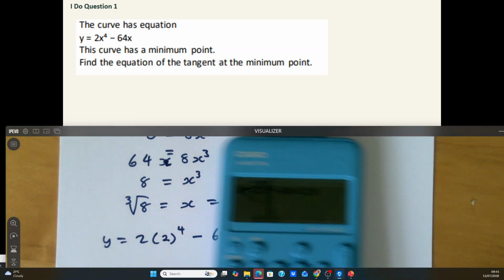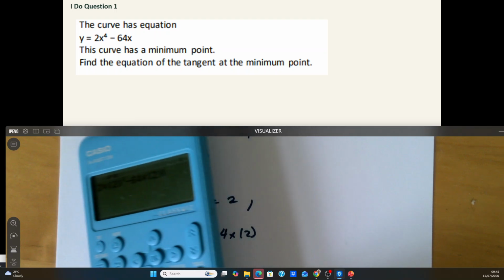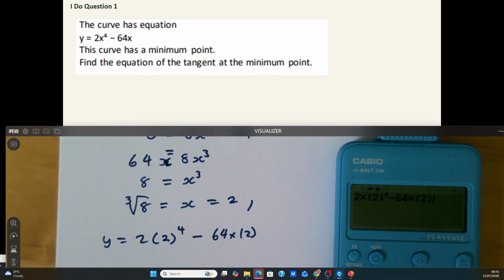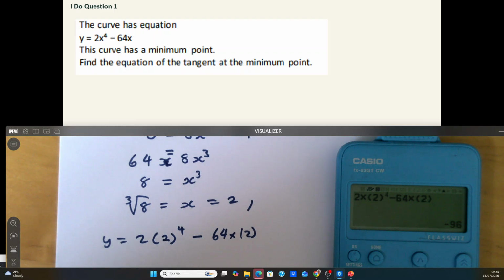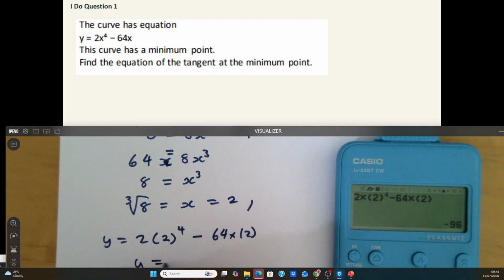Calculator looks like that. Press equals, gives me y equals minus 96.